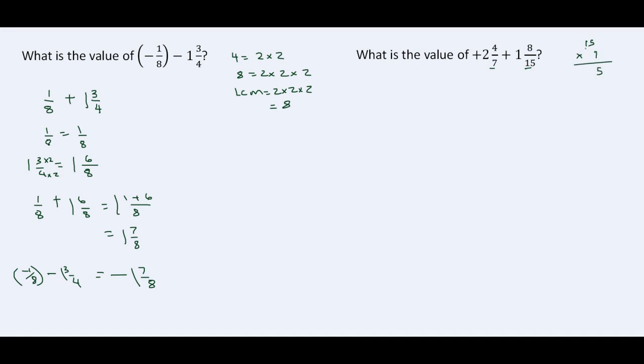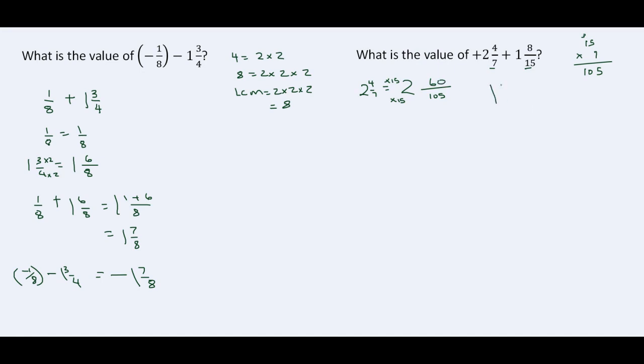So 35, bring up the 3, 1 times 7, 7 plus 3, 105. So now we have 2 and 4/7 equal to 2. We need a denominator of 105. So here we multiply this by 15. So we also multiply this by 15. So it's going to be 60.